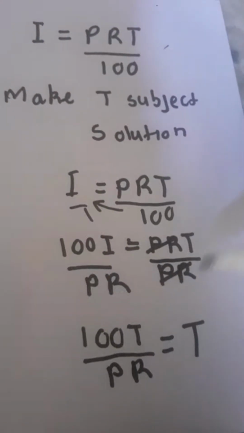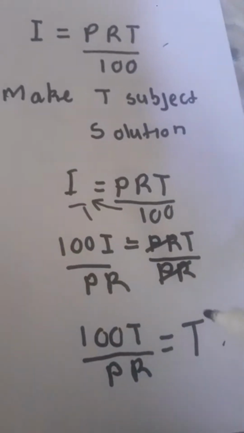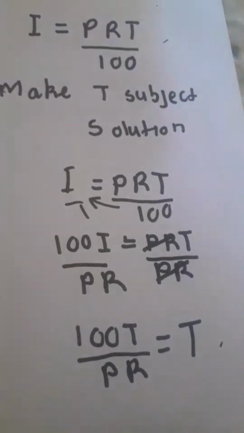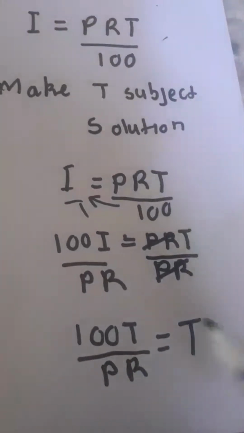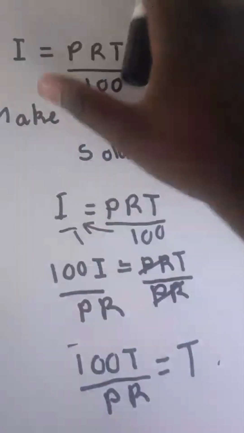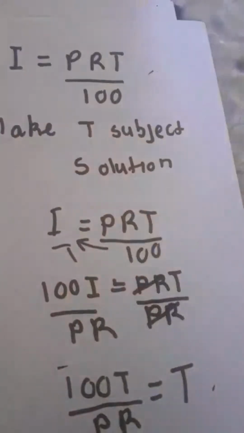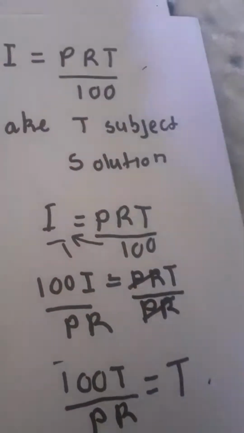Then we divide both sides by PR to get T here. So T is on its own side. So we have made T the subject of the formula.